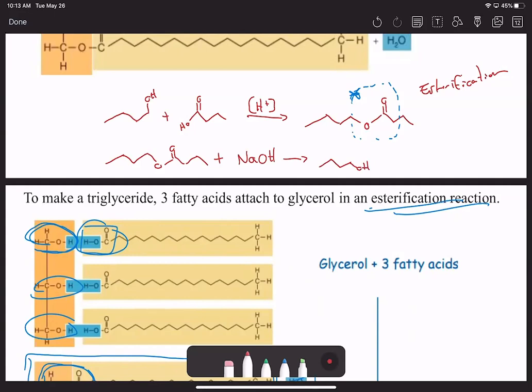So here I get my alcohol plus I get this. Does this look familiar? I get my carboxylate. Right? And this is what we call base hydrolysis. So let me write that better. Base hydrolysis. So we take an ester, add a base, we get alcohol plus a carboxylate, right? Carboxylate salt.